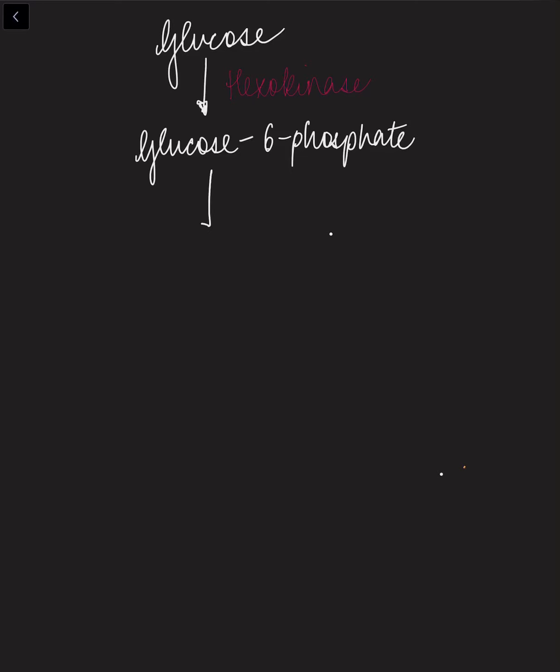The next step converts glucose 6 phosphate into fructose 6 phosphate. So you might be wondering what's the need to convert glucose 6 phosphate to fructose 6 phosphate. If you look at the structure of glucose 6 phosphate, it's asymmetrical, and so it's not easy to cleave.